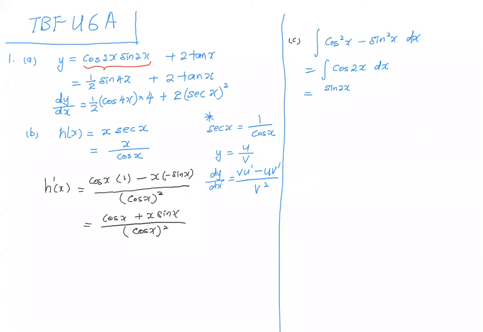No, integrate cos, you get sin. Then you write down the angle. Then you divide by the coefficient. Integrate must divide. Understand? Integrate must divide. Then you plus C. Okay, thank you.